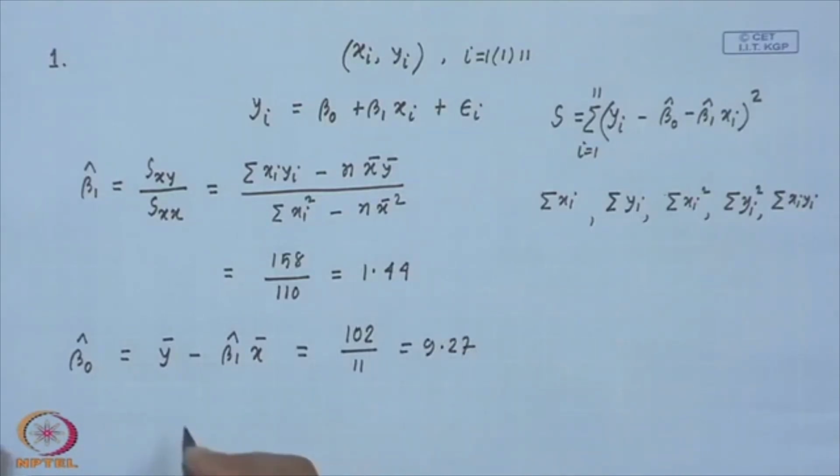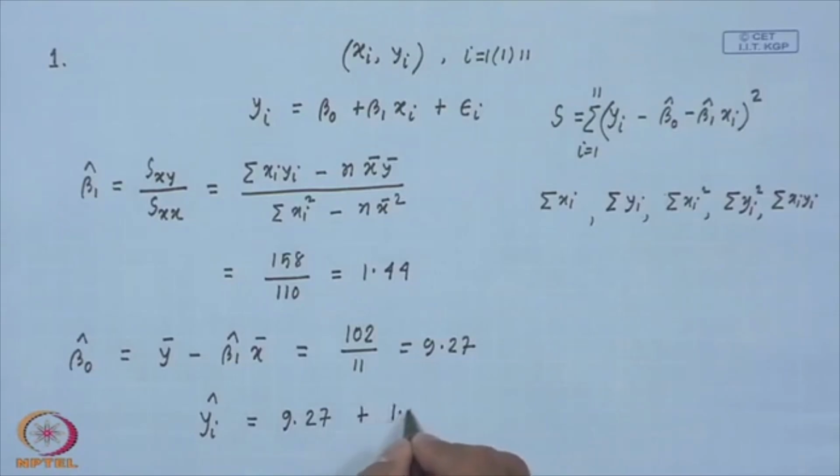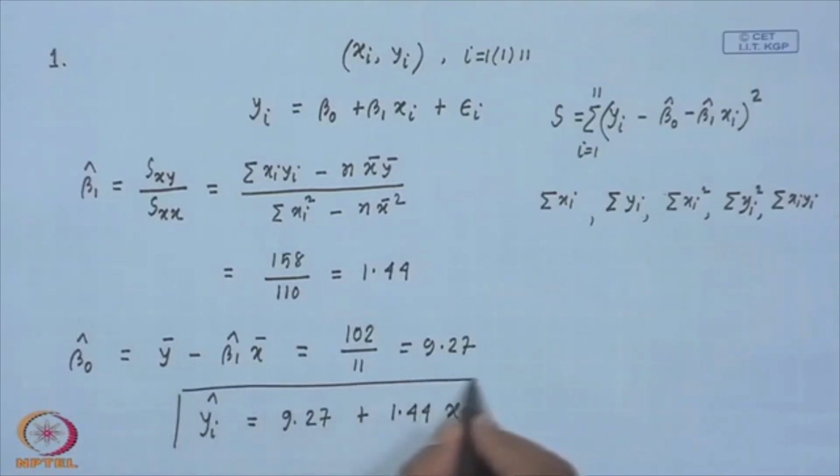So, we are done with the first problem. So, the fitted equation is y I hat is equal to 9.27 plus 1.44 x I. So, this is the fitted model for the given problem.